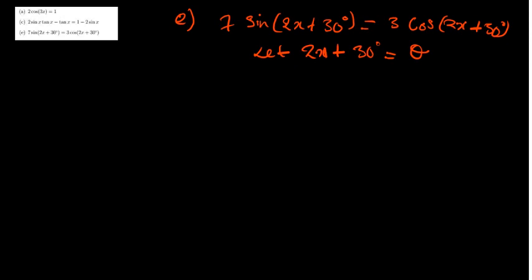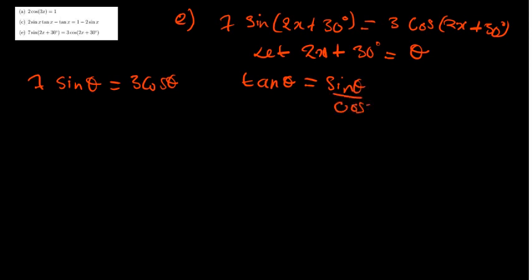So we have 7 sine theta equal to 3 cos theta. Earlier I made the statement that tan theta is equal to sine theta over cosine theta.